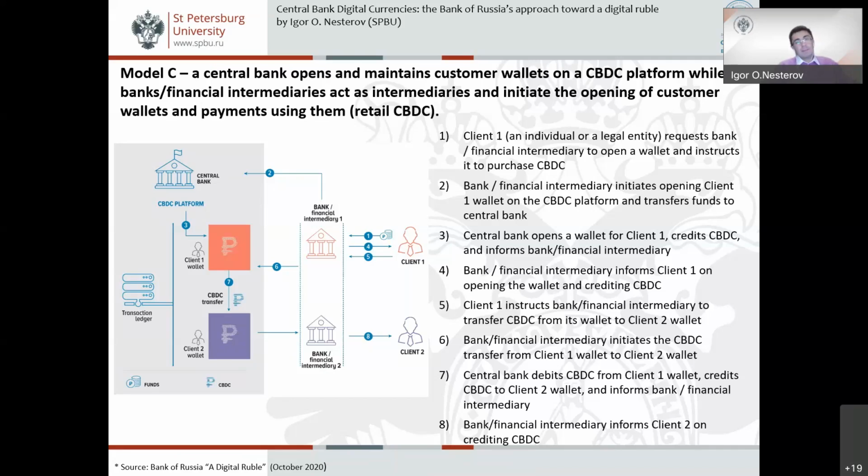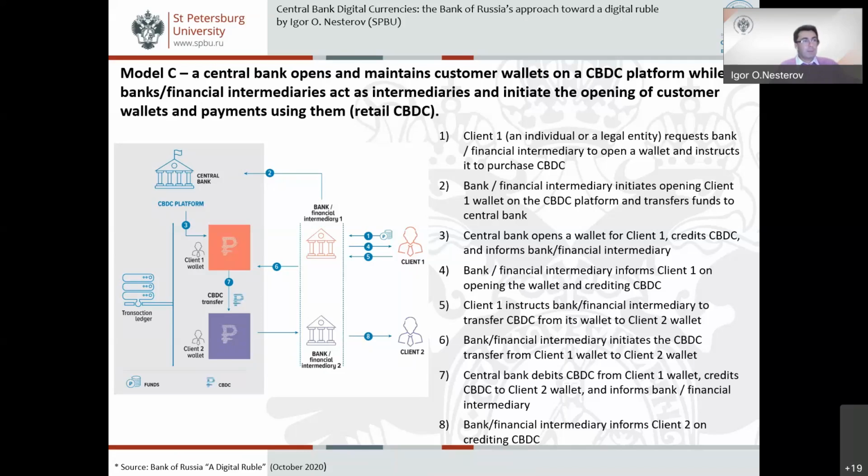But there is also a place for banks and financial intermediaries. For example, they will have to provide mobile applications for access of the general public to their wallet accounts. Actually, commercial banks and other financial intermediaries will receive requests to open wallets for CBDCs, and banks will transmit this request to the central bank.